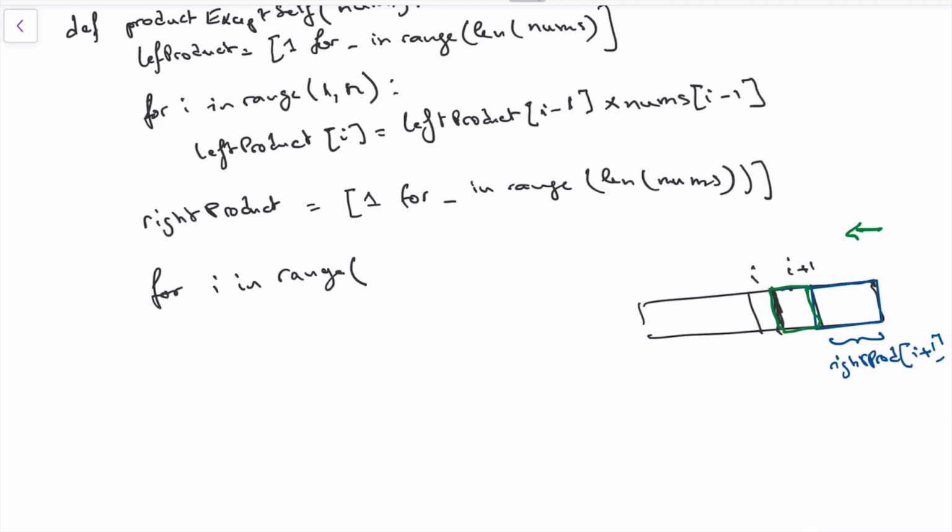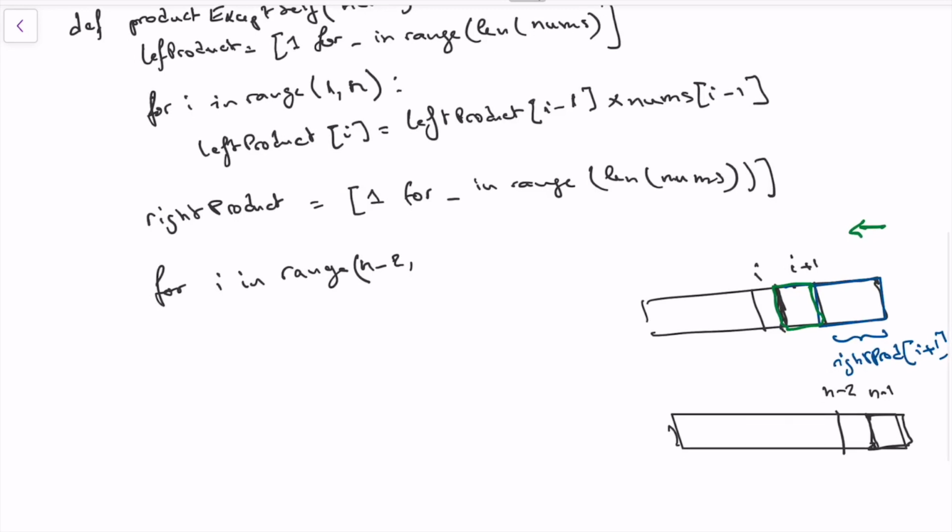But also one thing we need to remember is that the last position, n minus 1, has no right product, so it's just 1. And so we don't need to do that one, so we need to start out from the position next to it, because that's where it starts having a right product, which is this n minus 1. So we need to start from n minus 2, and we need to keep decrementing because we are going backwards. And so we decrement by 1, and we stop when we reach 0.